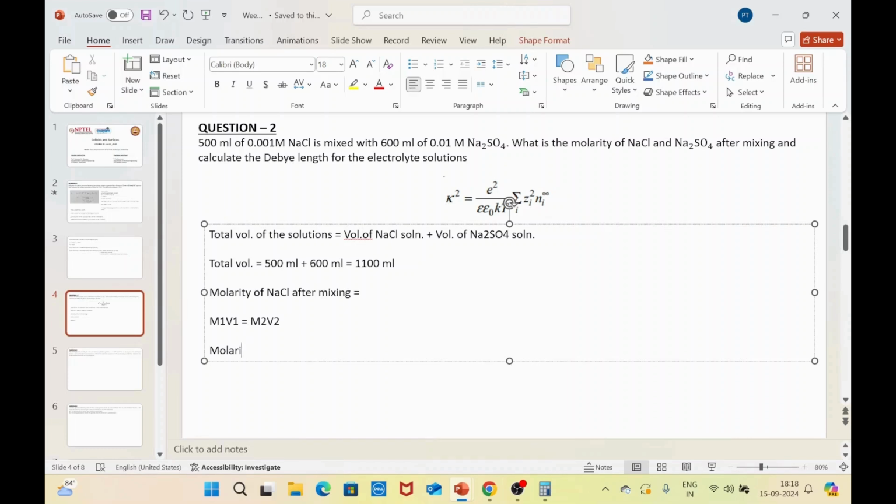Let me take molarity as M. Molarity of NaCl times volume of NaCl, this is before it is added to the Na2SO4, is equal to the molarity of NaCl in that mixture of solutions, so molarity of NaCl after mixing, times the volume of the entire solution.